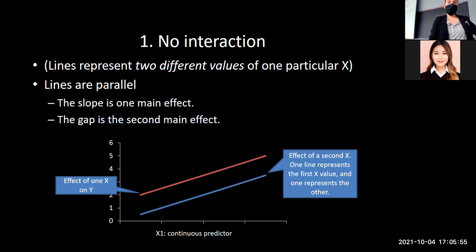The effect of one x on y is the difference between the 2 lines at any given point. And the effect of the other x on y is the slope of this line. And you'll see that for both of these values of the x that I picked, the slope is the same. Which means x1's relation with y is not dependent on x2.